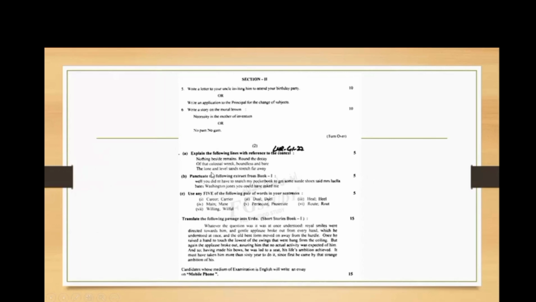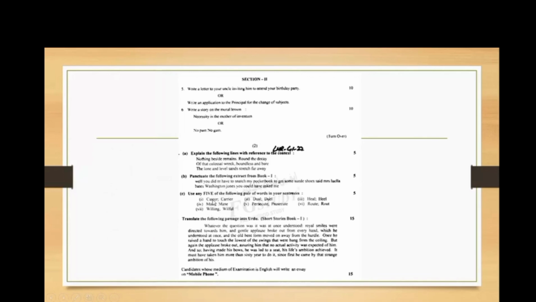Now in the second portion of this section, you have been given this stanza, which you have to recognize and give a reference for, and then write its context and provide its explanation, and it's 5 marks. And then you have to punctuate the given extract. These 2 lines are given, and you have to punctuate them, and these are from book 1.